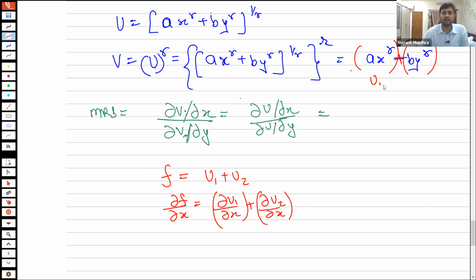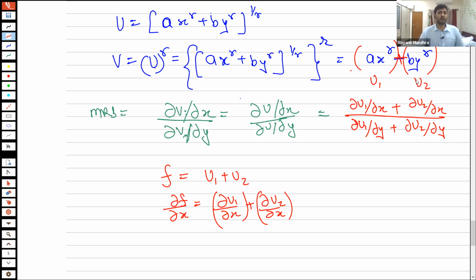So you can write this as u1, this as u2. So del u by del x will be equal to del u1 by del x plus del u2 by del x upon del u1 by del y plus del u2 by del y.